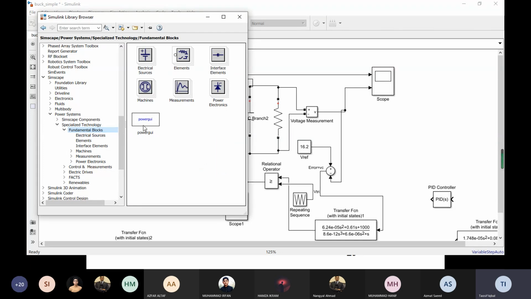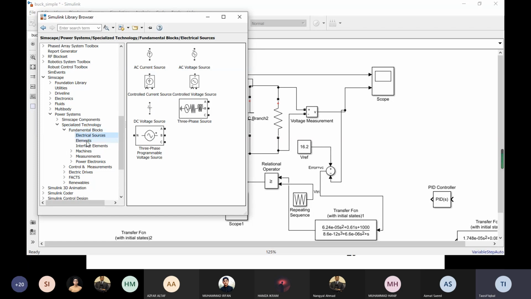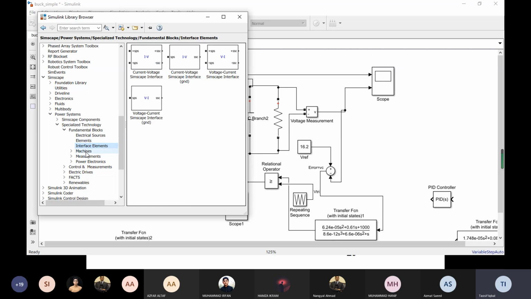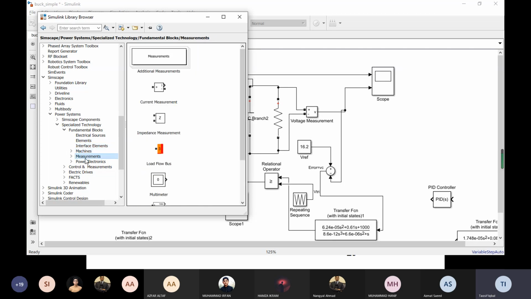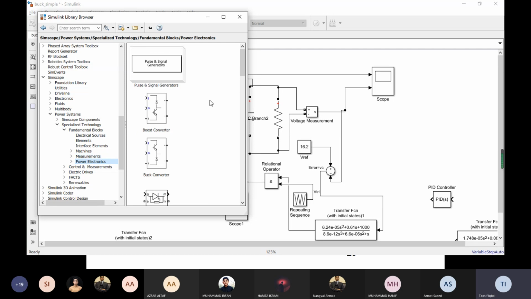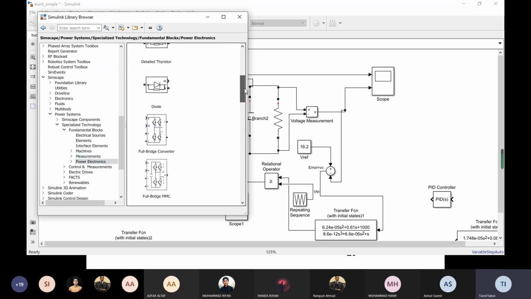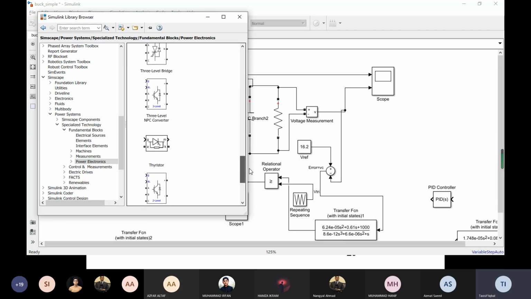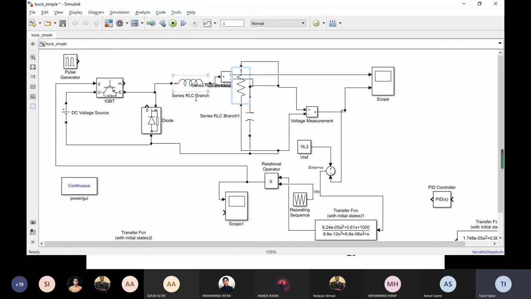So in the fundamental blocks, you can find the power GUI, and then you can find the electrical sources, different load components, interfaces, machines, measurement, and in power electronics, you can find the thyristor, diode, IGBT, MOSFET, all these components. Okay, so you just need to copy-paste or drag the components to the Simulink block, and then you can design the circuit.